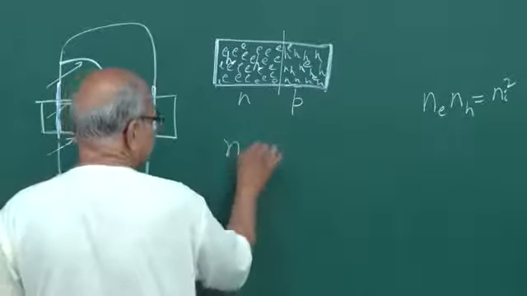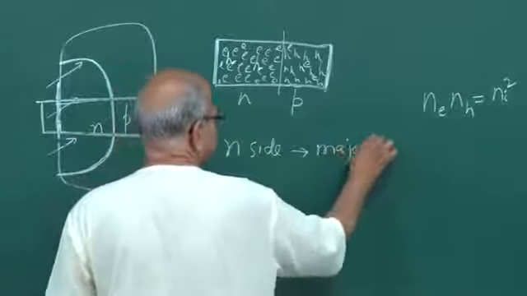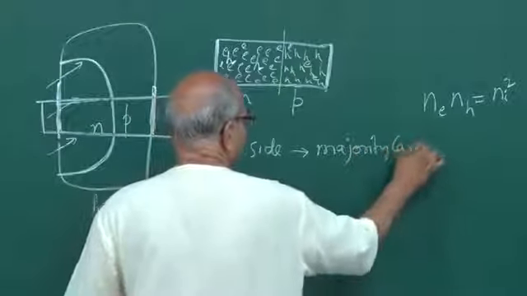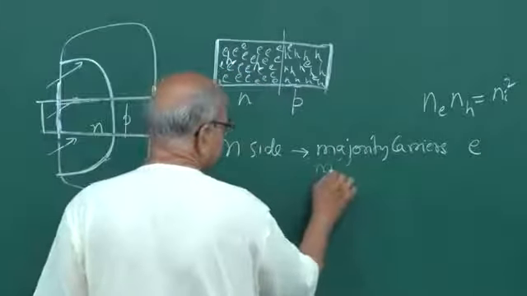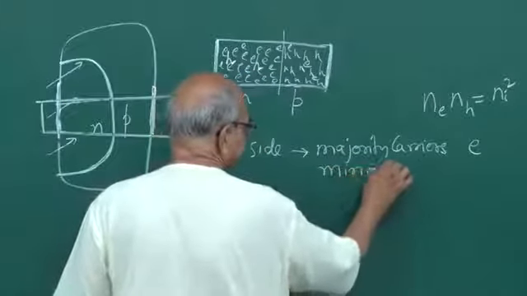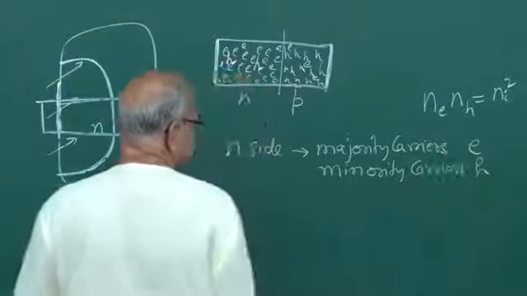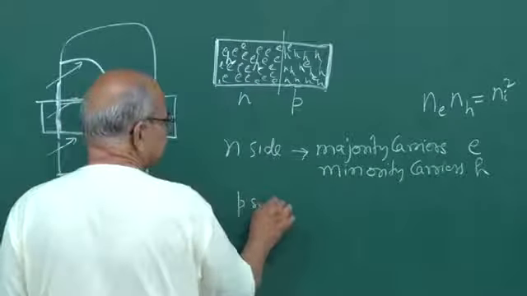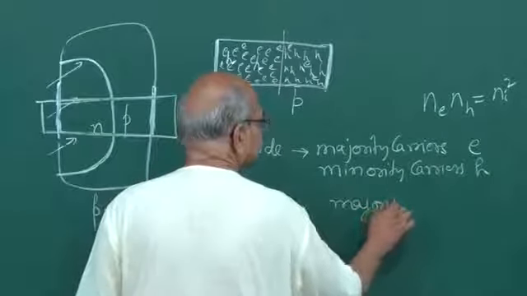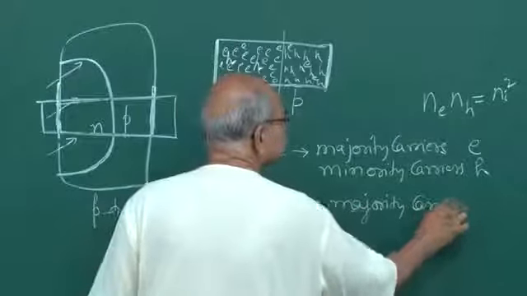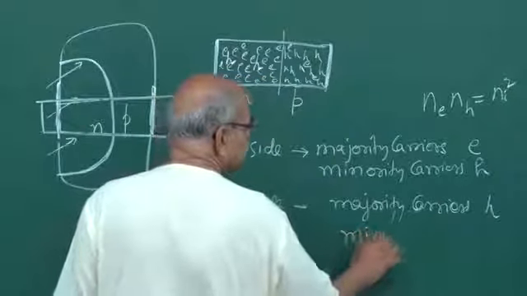So, on the n side, you have majority carriers, that is E electrons, and minority carriers, that is H. On p side, you will have majority carriers, that will be H, and minority carrier, that will be E.